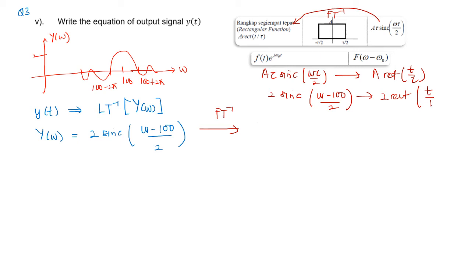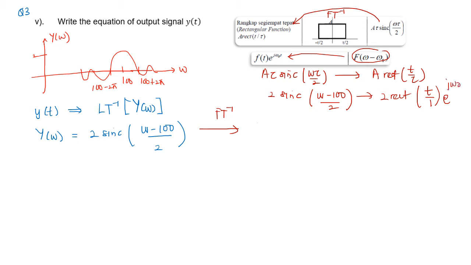Tau is 1. When you refer to the Fourier transform table, when you have shifting in frequency, in t you'll be having multiplication with an exponential function. So multiply with e^(j omega naught t).